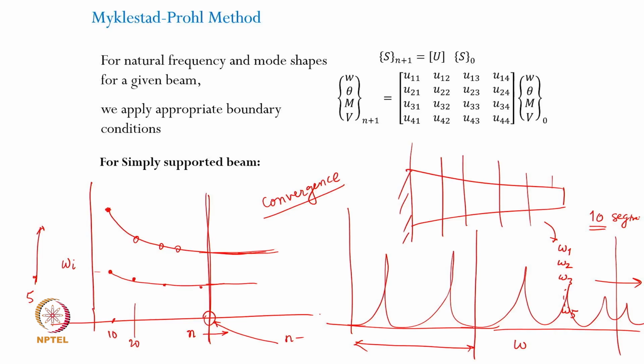So this convergence study, finding out how the natural frequency converges with the number of segments, helps you have confidence that your discretization into that many segments is going to give you reasonably accurate results.